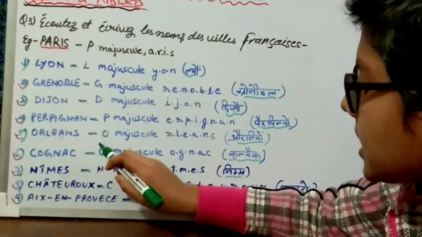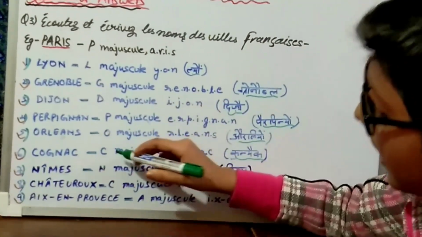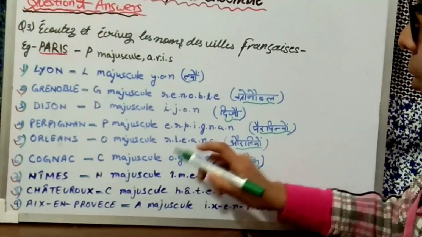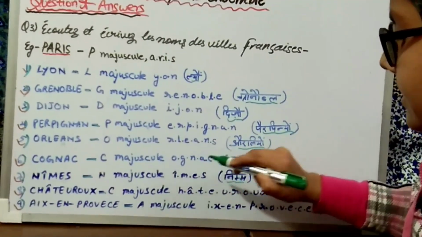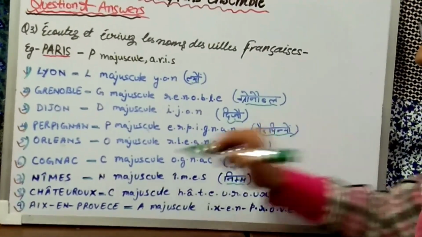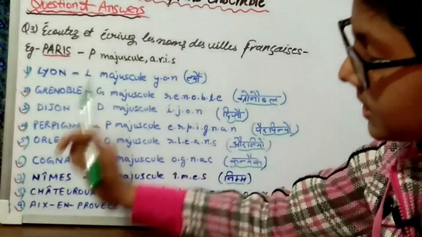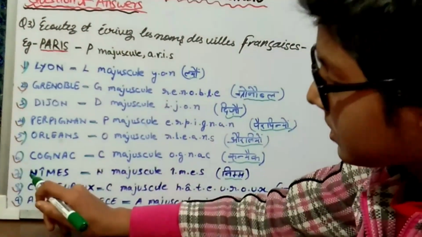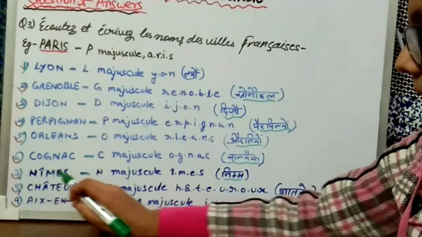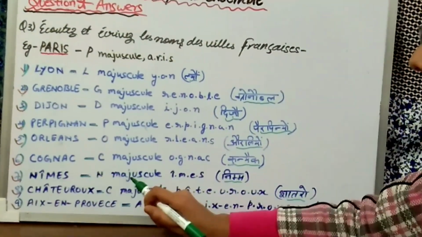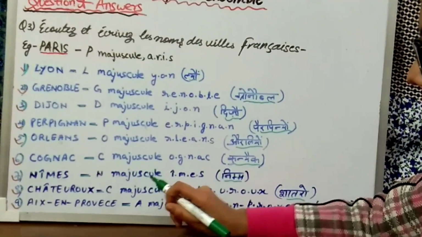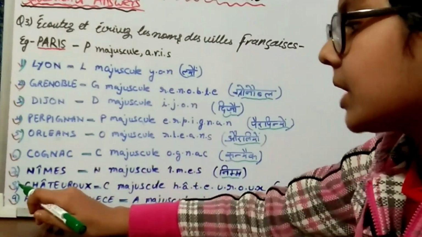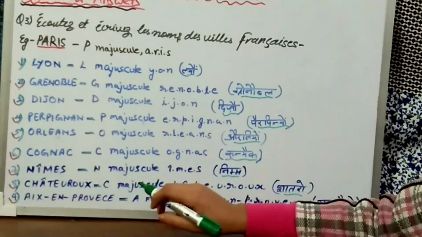Then we have its letters in French: C majuscule, O, G, N-A-C. Then we have the seventh one, and that is Nîmes. Its spelling in English is N-I-M-E-S, and it is separately pronounced as N majuscule, I, M, E, S. Then we have the eighth one, which is Châteauroux.